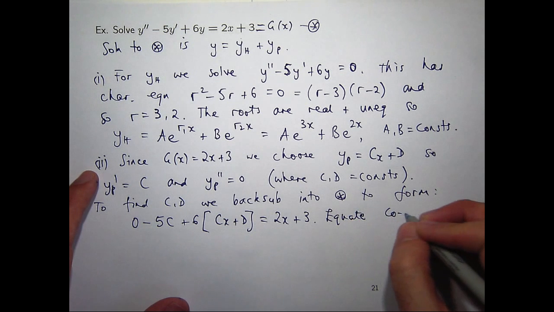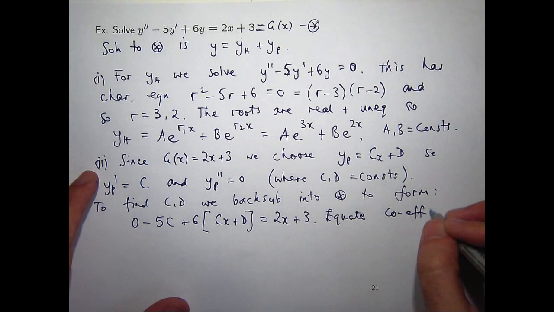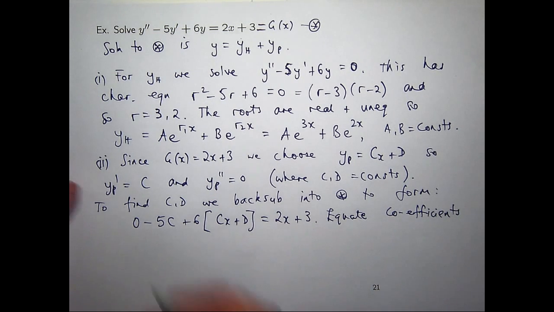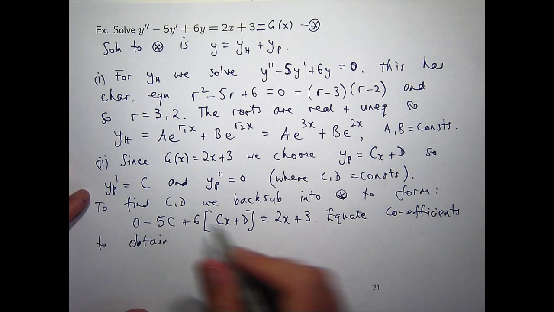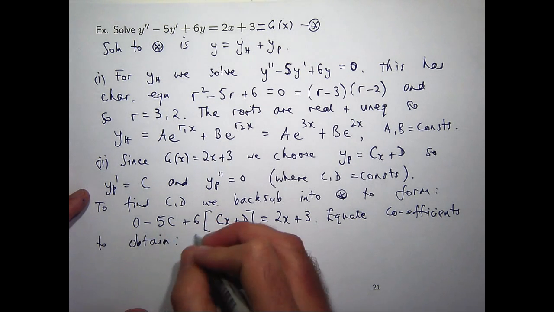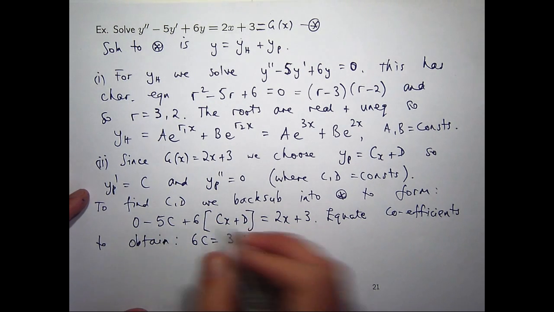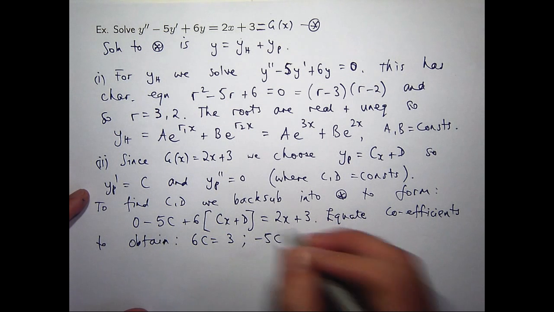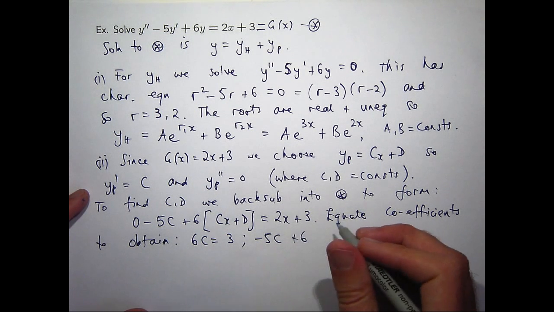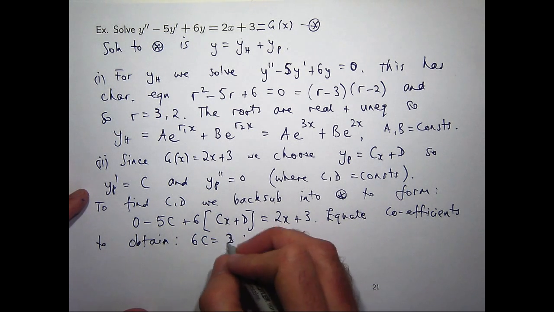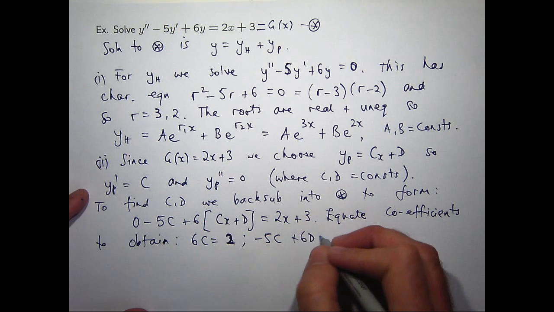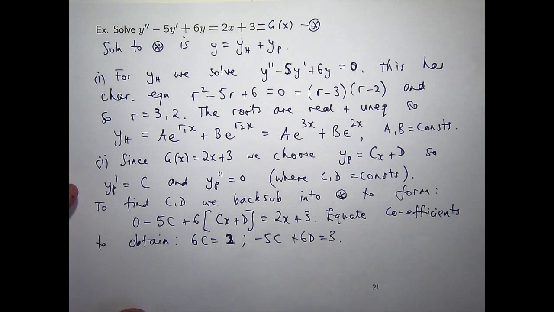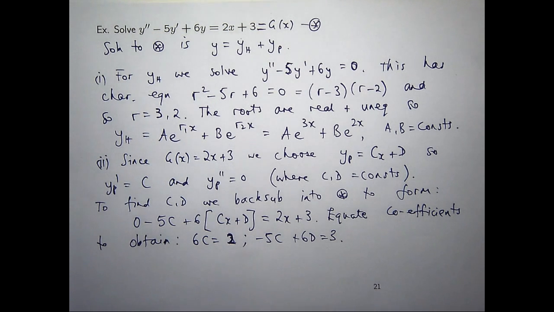So we equate the coefficients to obtain the following. Okay, so we're going to get 6c equals 2. Let me adjust that. And minus 5c plus 6d equals 3. So we've got some basic equations there. Obviously c is going to be something like a third.